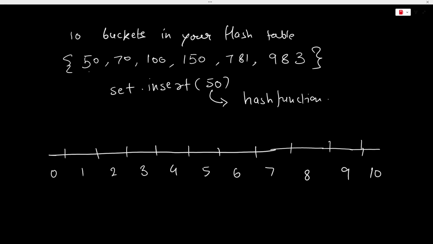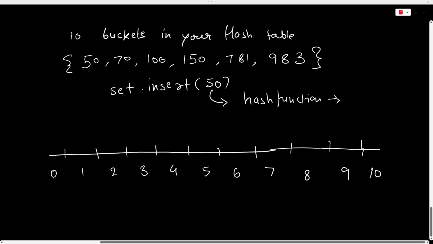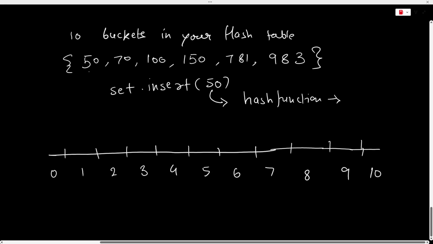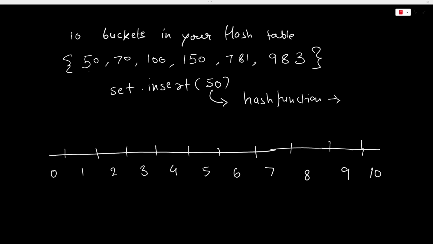This function is predefined, and it is written such that different keys end up being assigned to different buckets, because in case many keys are mapped to a single bucket, our lookup operation won't occur in O(1) of time.